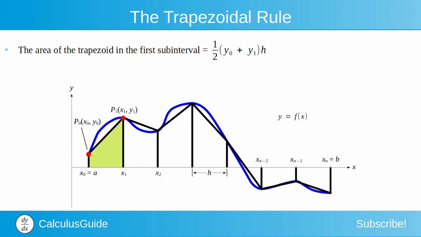The point x1, y1 is now highlighted on the graph. The value y1 is the length of the line segment now highlighted. The value h is the length of the line segment now highlighted.